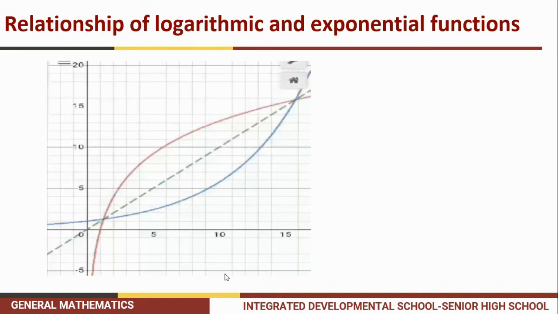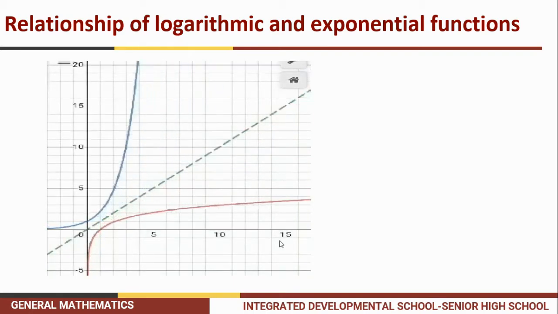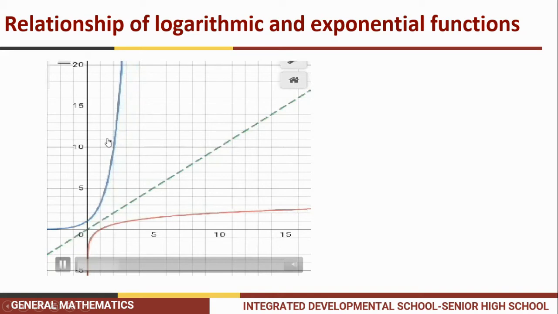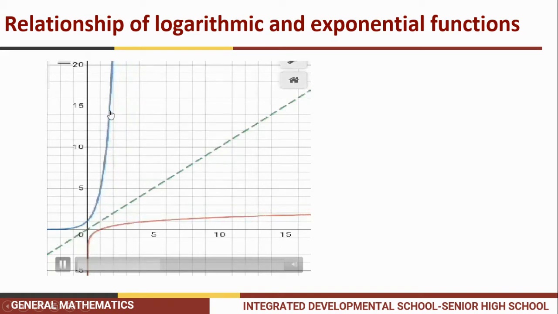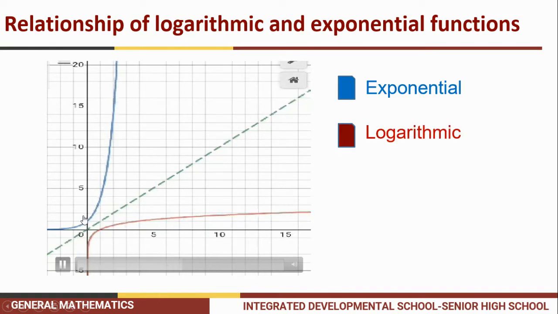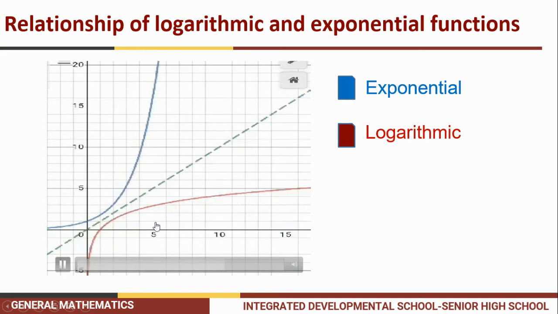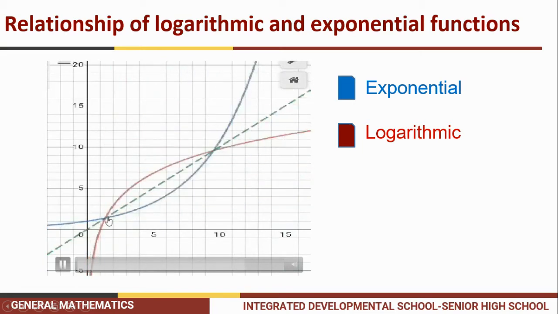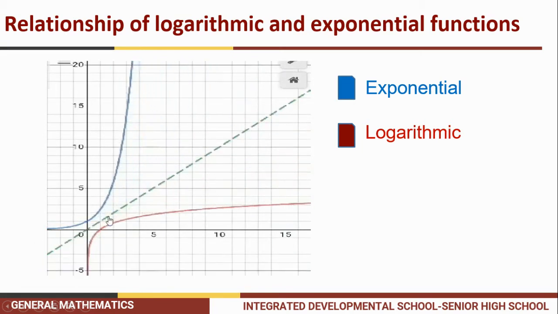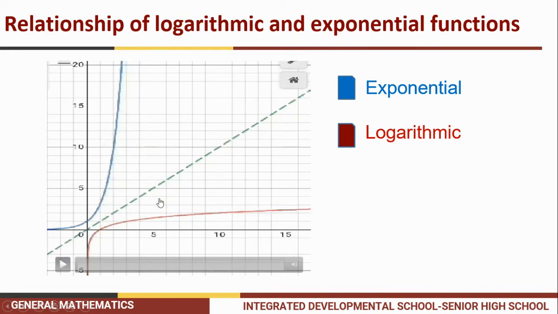Now, I will visualize for you the relationship of logarithmic and exponential functions using graphs. We notice here that they are symmetric. The blue one is the exponential, and the red one is the logarithmic. We notice that the graphs are symmetric about the line y equals x. And here, this is one-to-one.